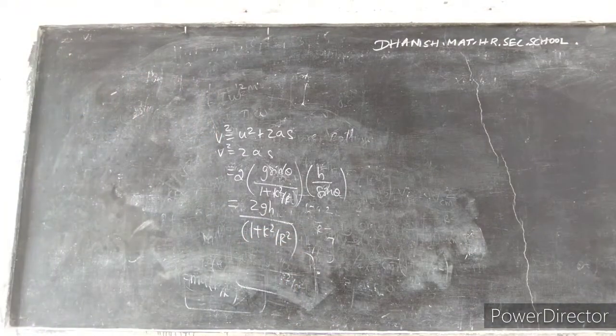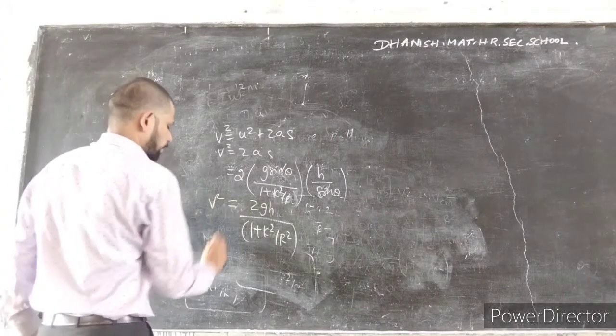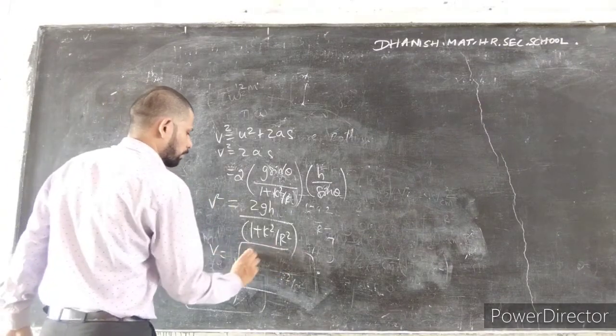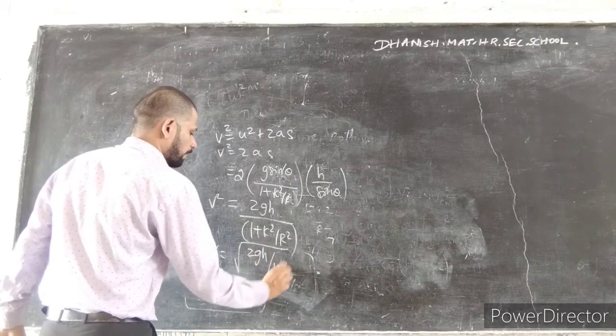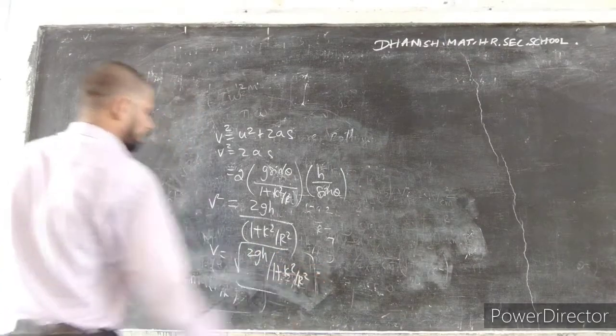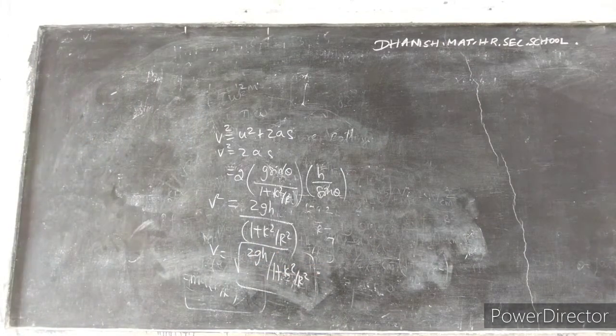Taking the square root, because this is v squared, v becomes root of 2gh by 1 plus k squared by r square.